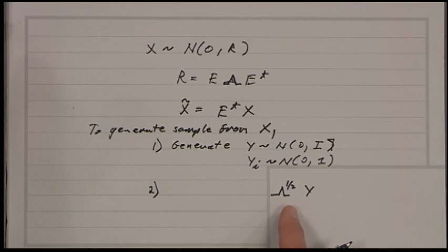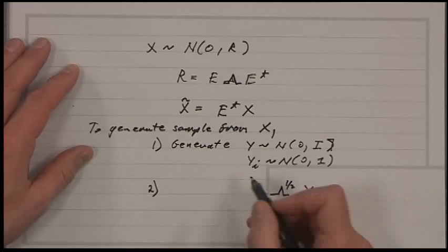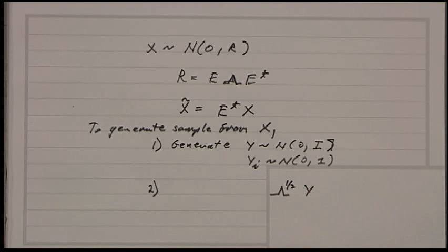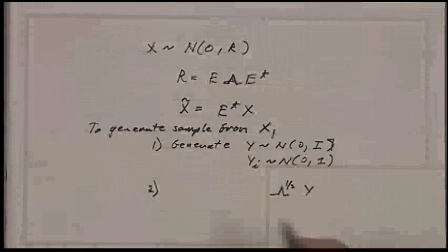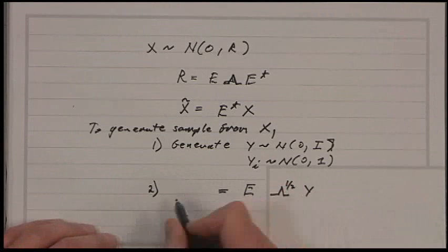So you multiply it by Y. That's going to scale each element by the appropriate standard deviation, which is the square root of the variance. And then you multiply by E, and that will be X.